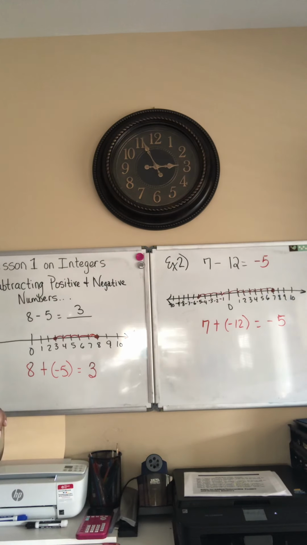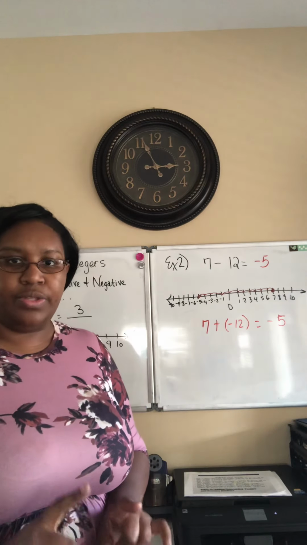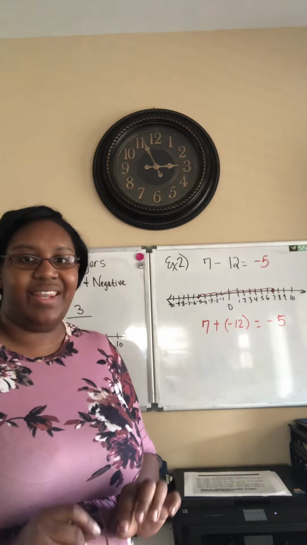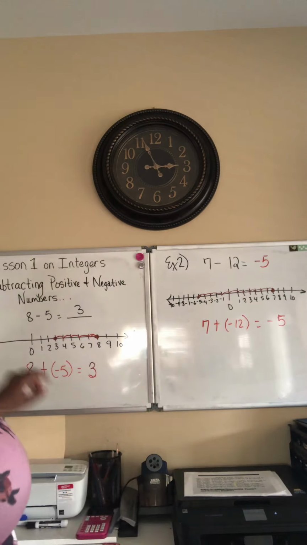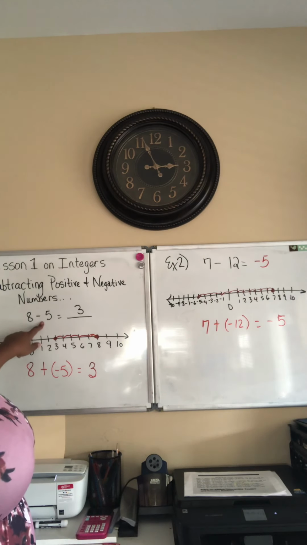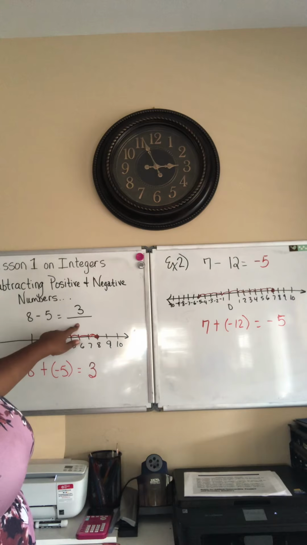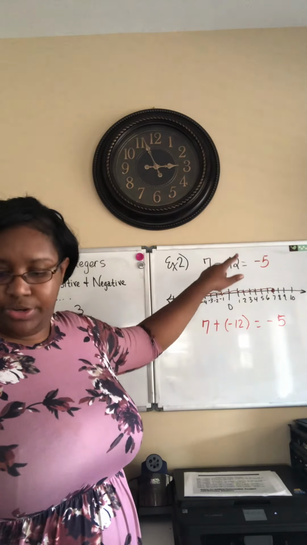Okay? Why is that? So, when we are subtracting integers, the answer is either going to be positive or negative depending on the size of the numbers you're dealing with. So, for example, in this one, our positive number was bigger than our -5. So our answer is a positive number. And this one, our negative value.